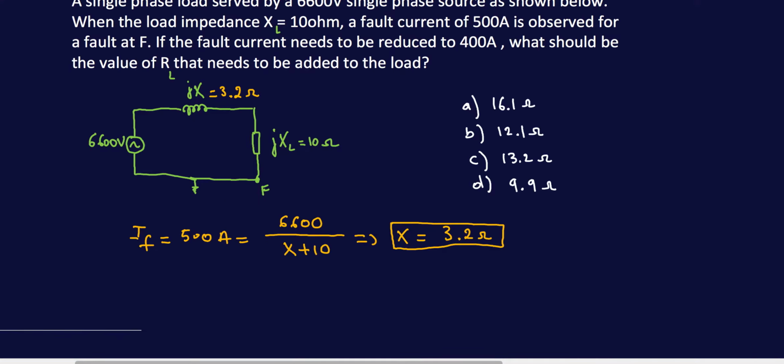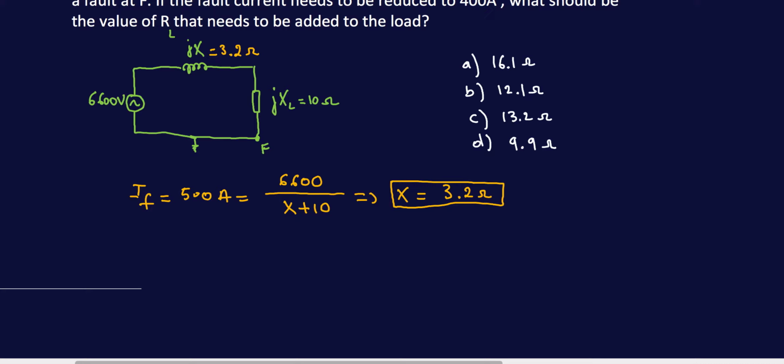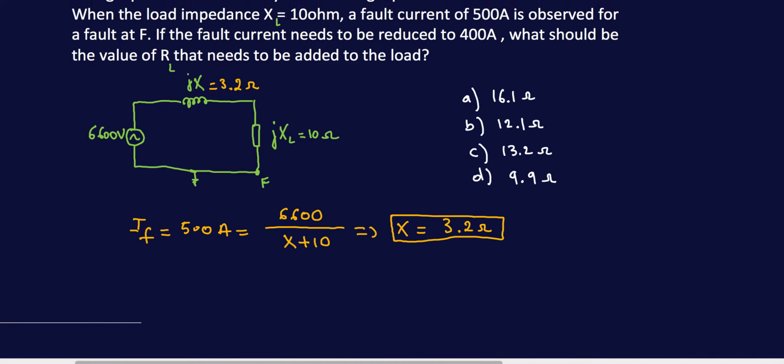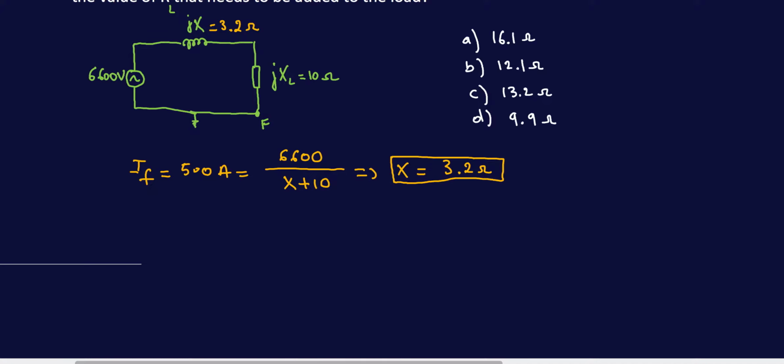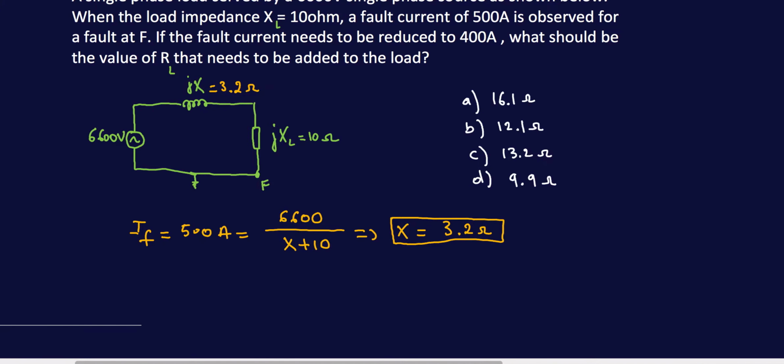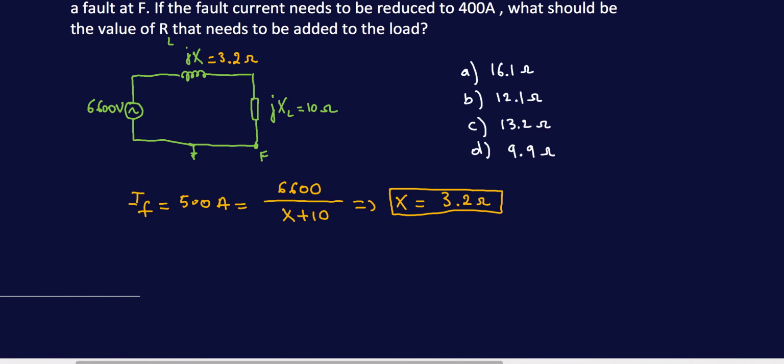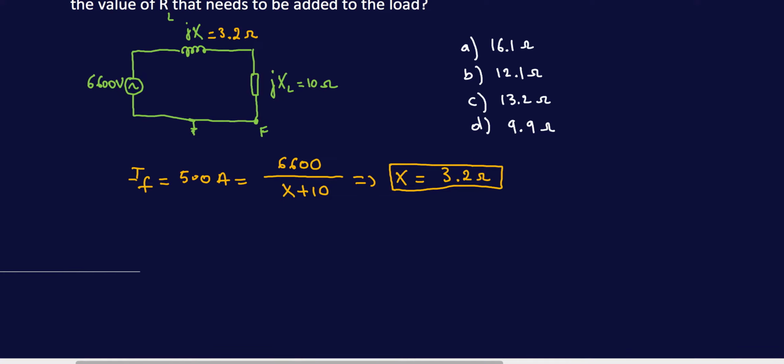So let's redraw and ignore this line over here. I couldn't erase it before I started the video. Let's redraw this so that you can visualize what the question is actually asking. If the fault current needs to be reduced to 400, what should be the value of RL? Let me use a different color. So now you have a source, same thing, right?